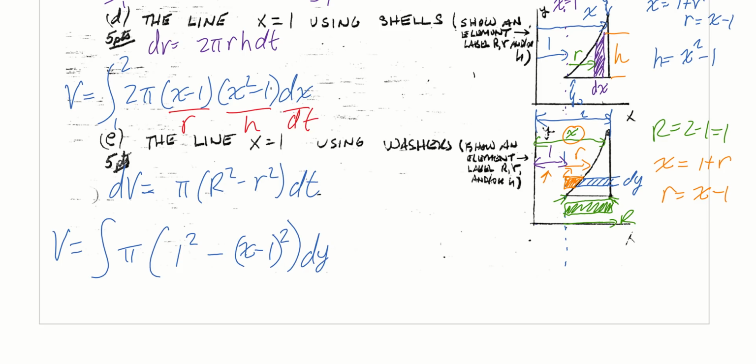So now I have to get x in terms of y. We know that y is equal to x squared, so we know that x is equal to the square root of y. So I need to flip this x for square root of y.